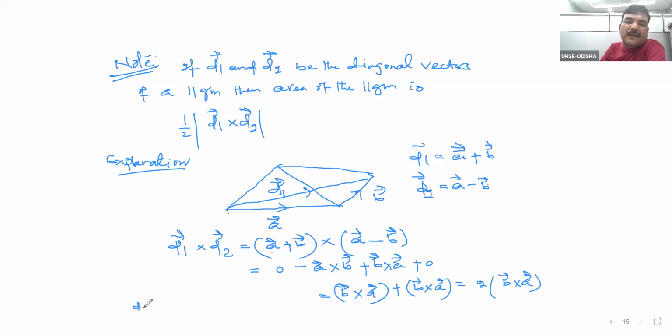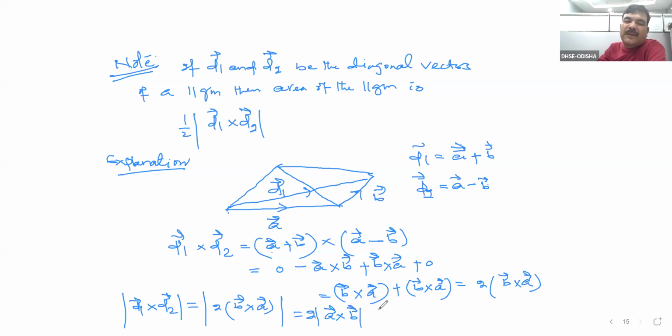So d1 cross d2 mod is equal to mod of twice B cross A. This is equal to twice A cross B mod.